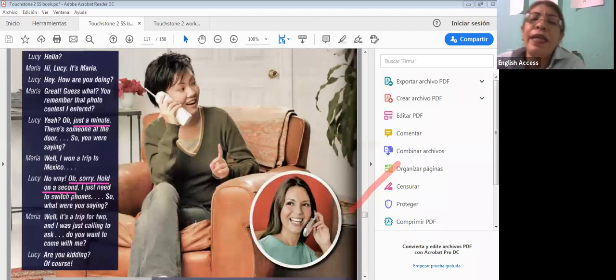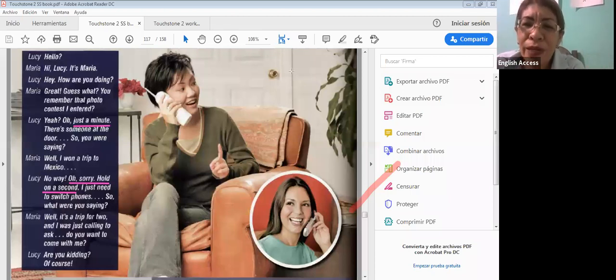So, these are the expressions that she is using to interrupt the conversation. She goes and does different things and then she comes back. When she comes back, she restarts the conversation again.